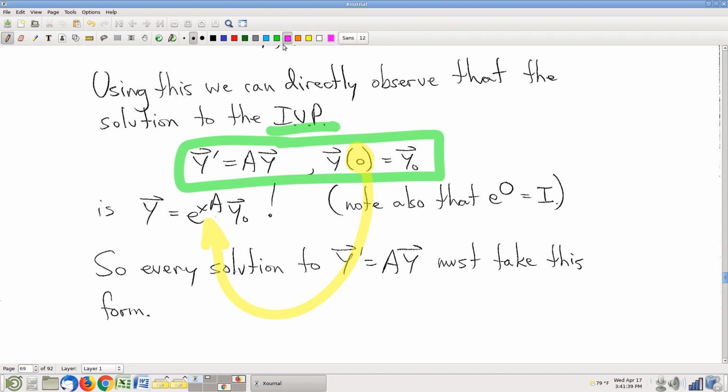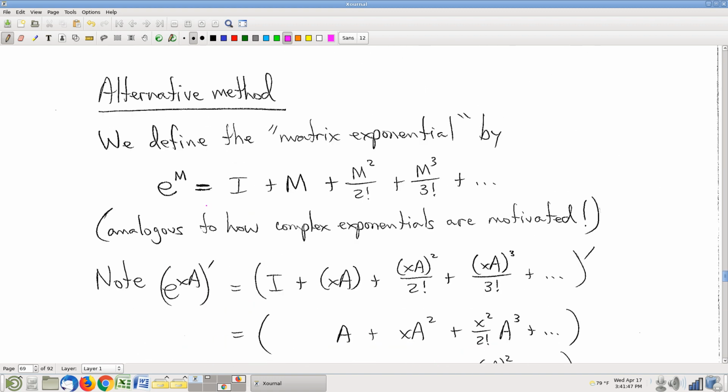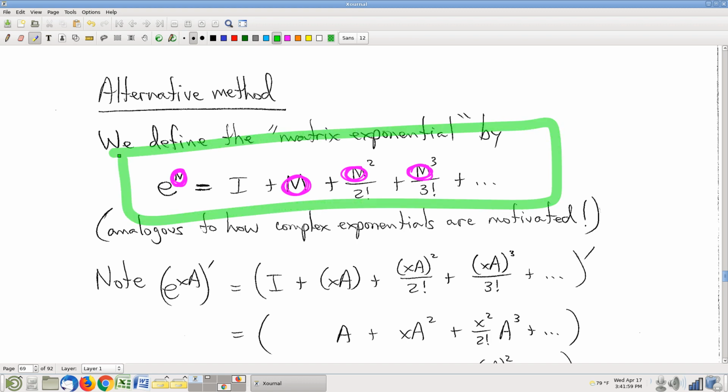First observation, if you plug in x equals 0, this exponent becomes the 0 matrix. And notice that the 0 matrix, when you exponentiate it, just think about this formula here. If M is the 0 matrix, that formula turns into e to the power of the 0 matrix is the identity matrix.